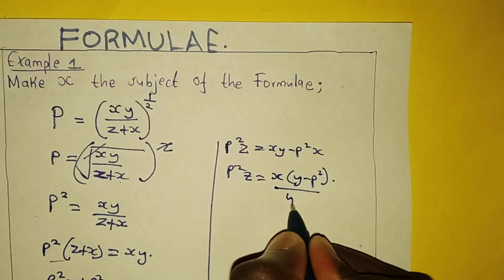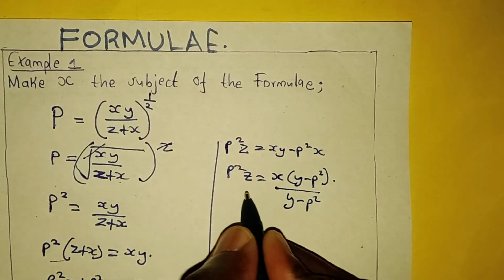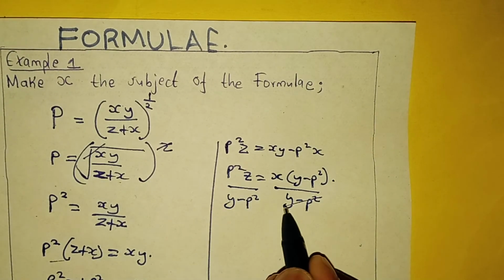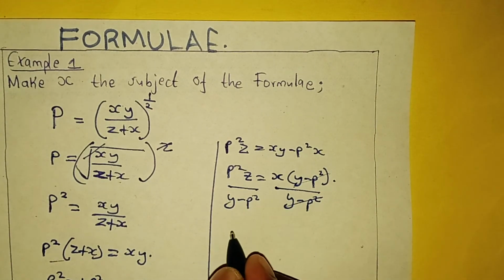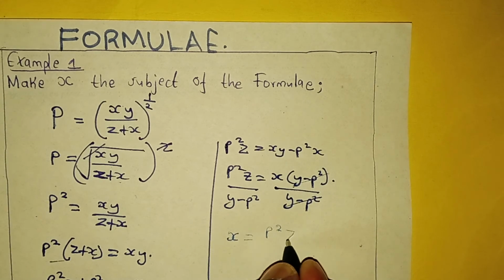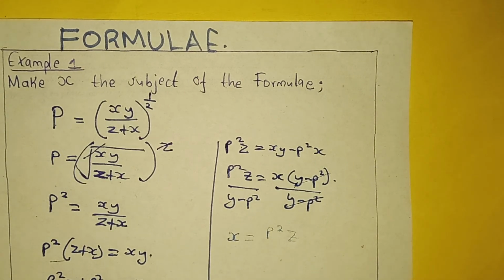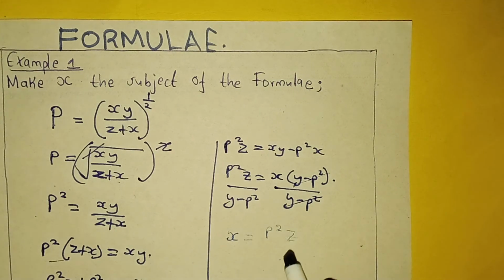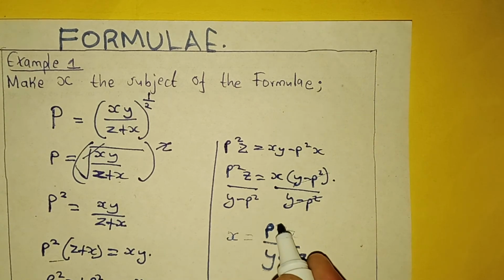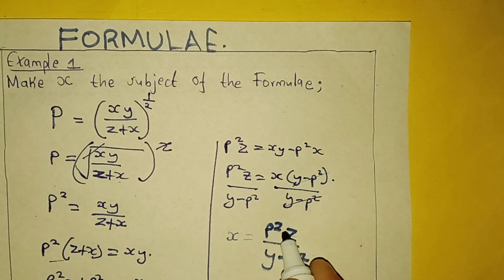So over y minus p squared, over y minus p squared. This one cancels out. So you have x is equal to p squared z over y minus p squared. So we've made x the subject of the formula.